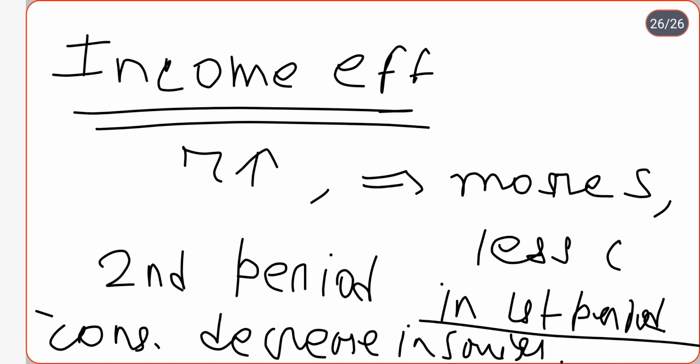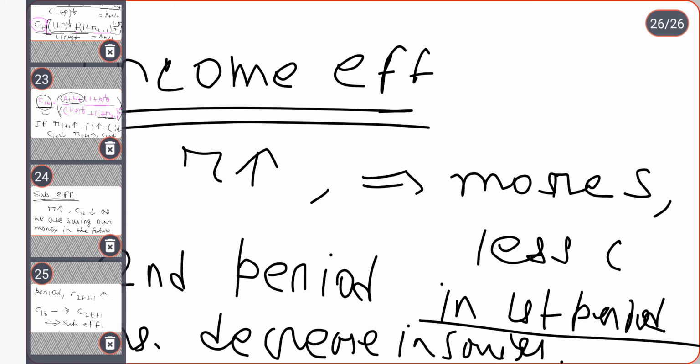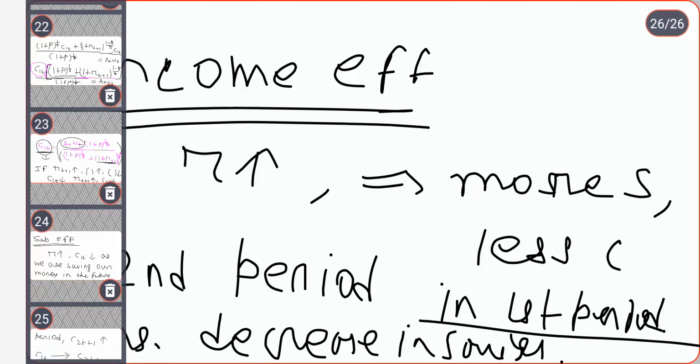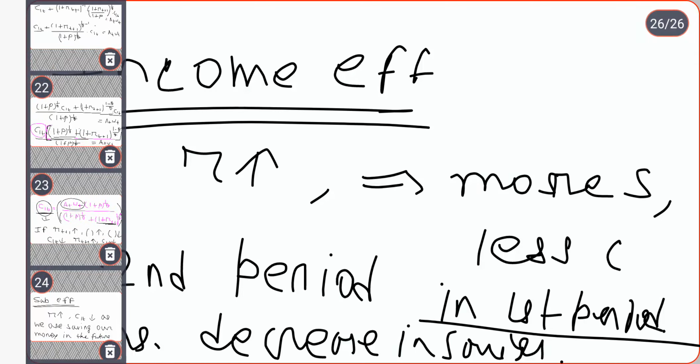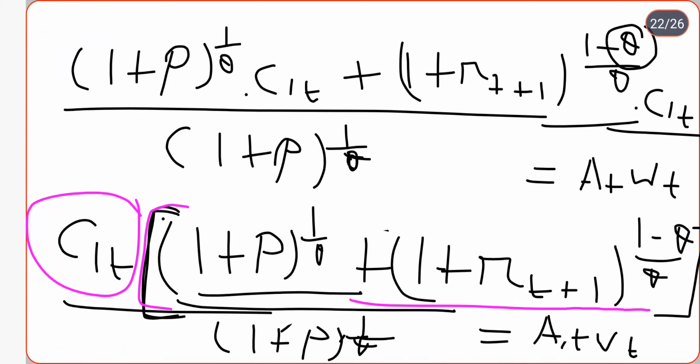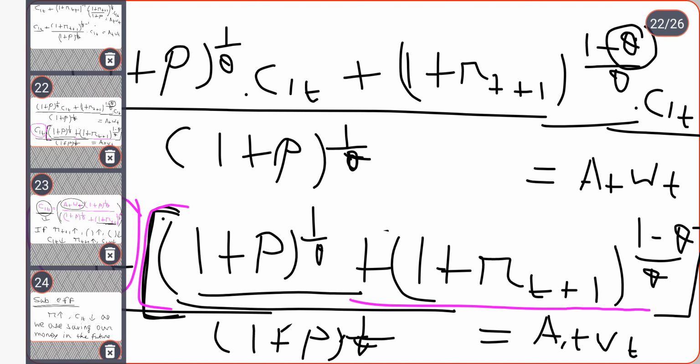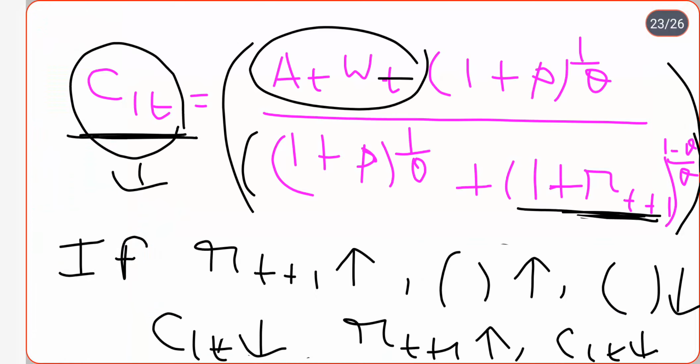And here the value of theta is very important. If the value of theta in this equation, let me show. This is the value of theta, or you may say, probably I am not dealing with the right equation. Right here, you can see this value of theta. This value of theta is very important.